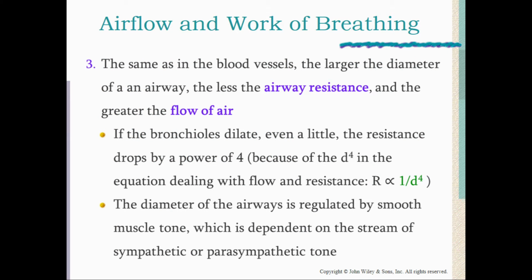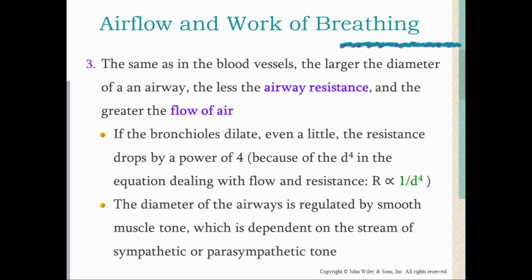The third factor, the same as in the blood vessels, is the diameter of the airway. The less the airway resistance, the greater the flow of air. So the lower resistance there is in the airway naturally will give us an increase in the airflow.